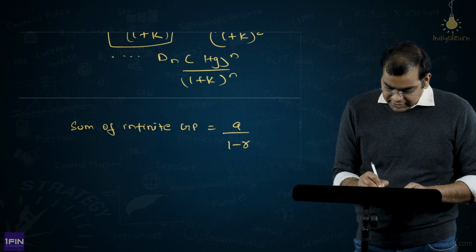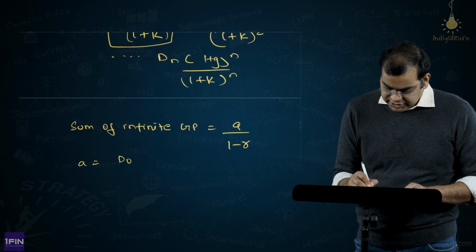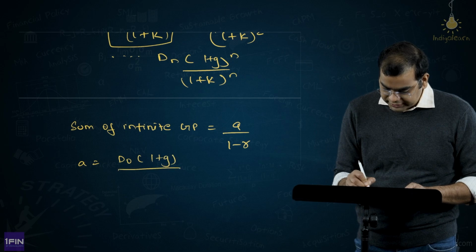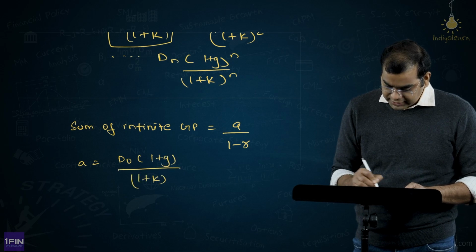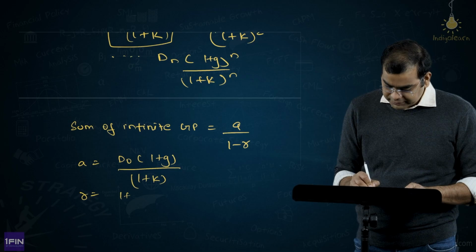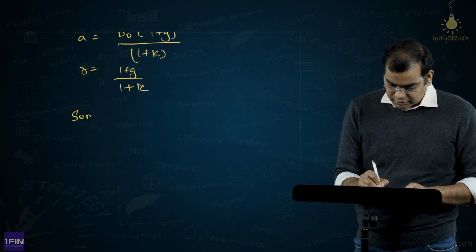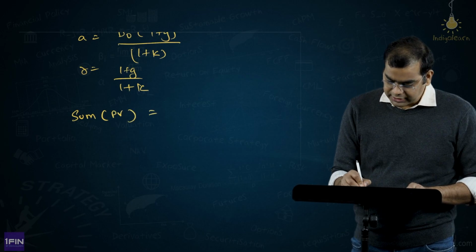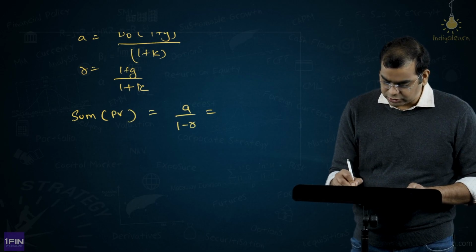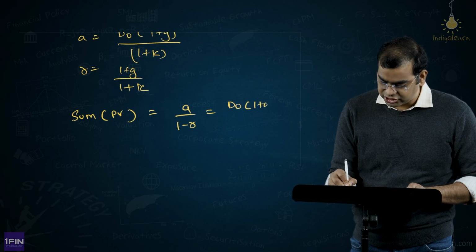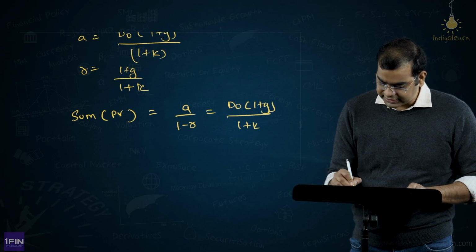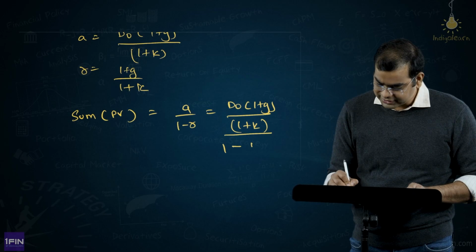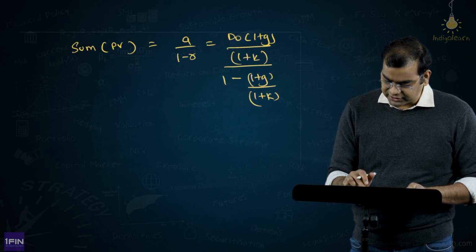So, you will write A is equal to D0 into 1 plus G by 1 plus K. R is equal to 1 plus G by 1 plus K. So, sum or PV is equal to A by 1 minus R, that is equal to D0 into 1 plus G by 1 plus K divided by 1 minus 1 plus G divided by 1 plus K. If you were to simplify this further, what will it be?